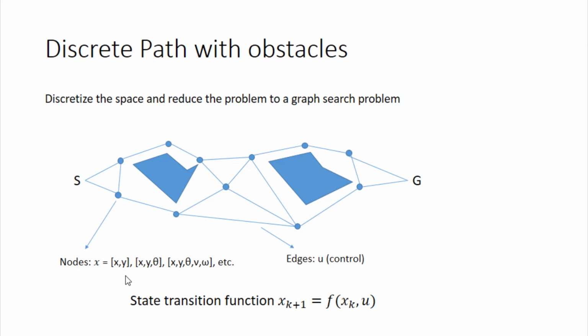And essentially, this leads us back to our state transition function, where our state can be x of k, so k is the time, and then if we have some control vector u, we have our state transition function. So if we're at xk and we apply u, that gives us xk plus 1. And so for all these x's here, you can think of them as nodes on the graph.